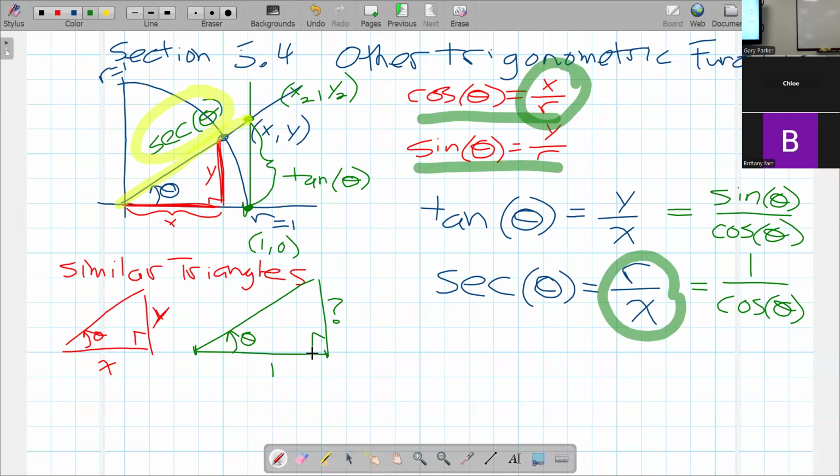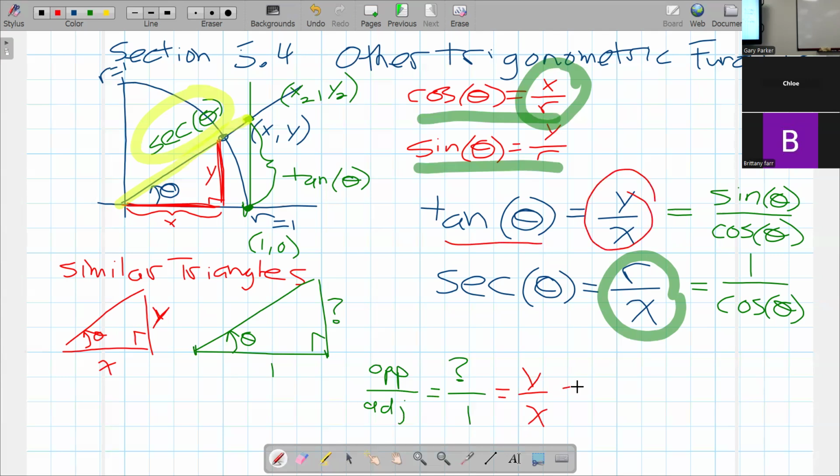So on the big triangle, if I take the side opposite the angle and divide by the side adjacent to the angle, I have question mark over 1. That has to be equal to the opposite side over the adjacent on the red triangle, which is y over x. And y over x is how we define tangent. So tangent has to be the length of that side there.